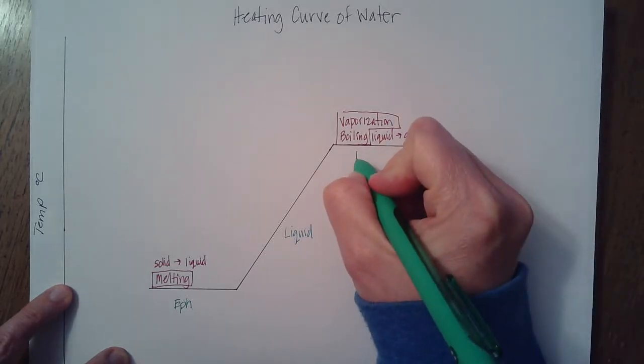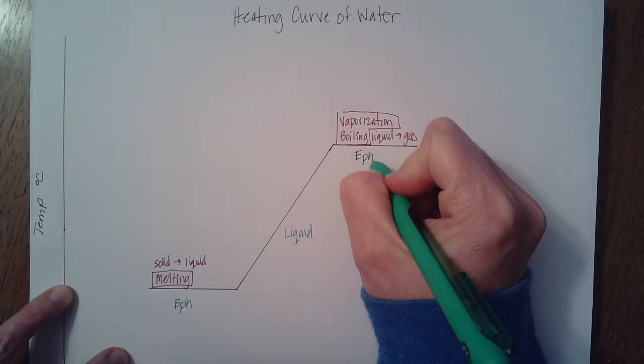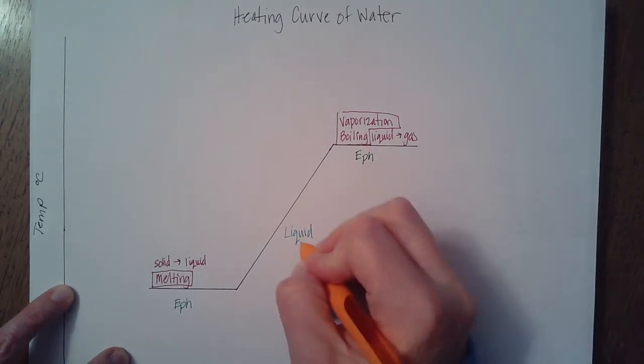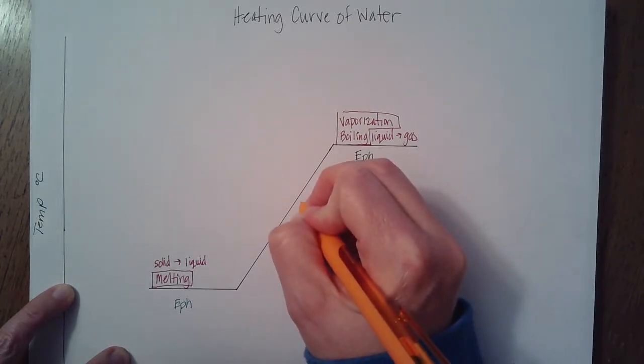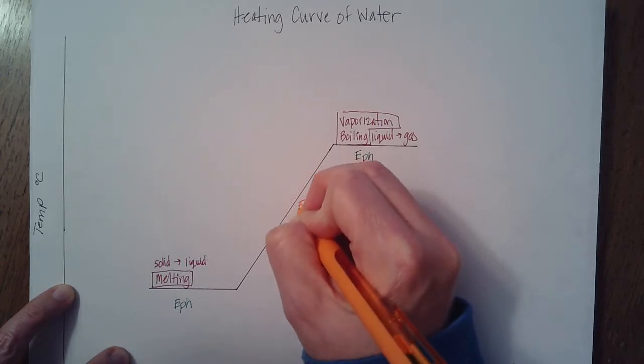And we said that this was also E phase energy. And then where the temperature was rising, where it was liquid, we called that E thermal energy.